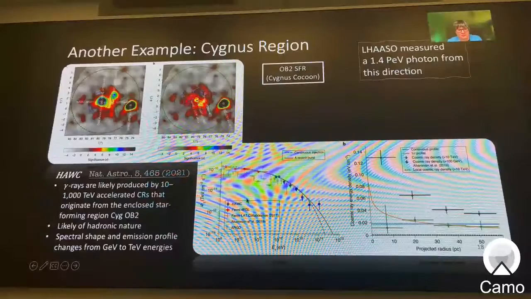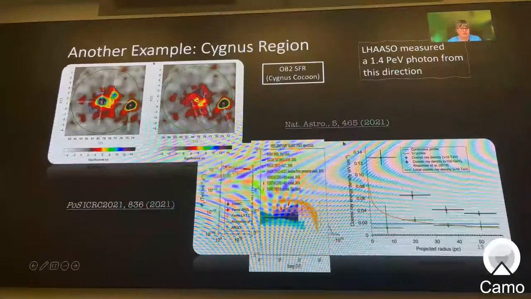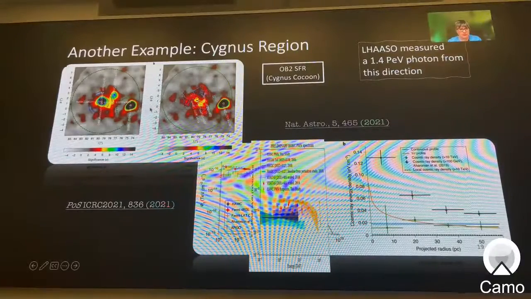And so, what's interesting here to note is shown in the next slide. If you actually look at this complex region, you see emission from several source components. On the left is the measurement before, and on the right is the measurement after the contribution is subtracted.